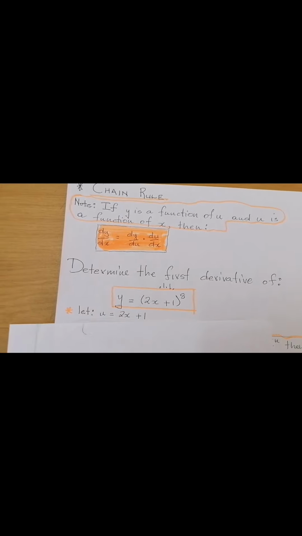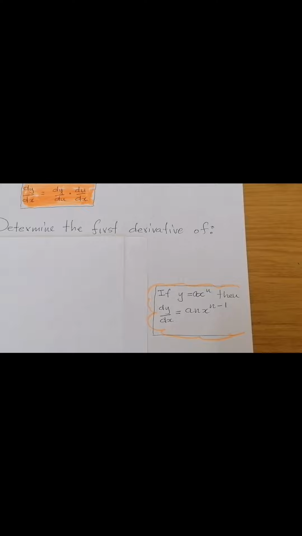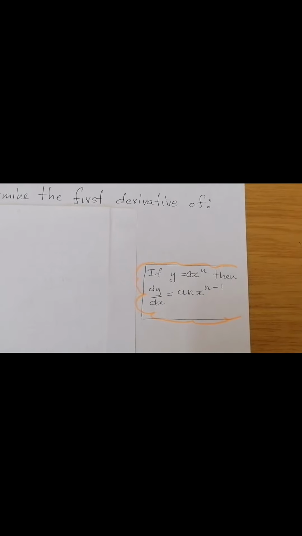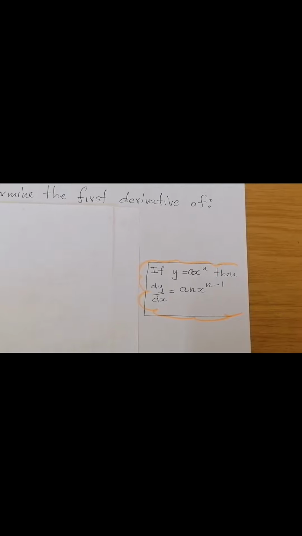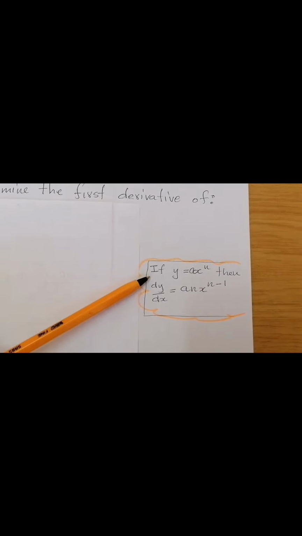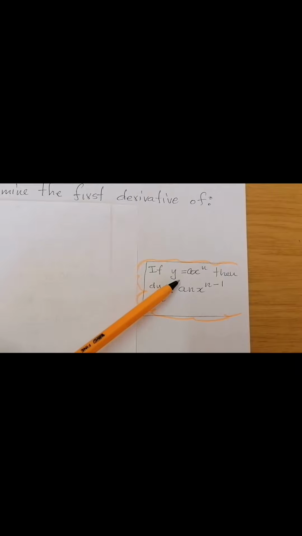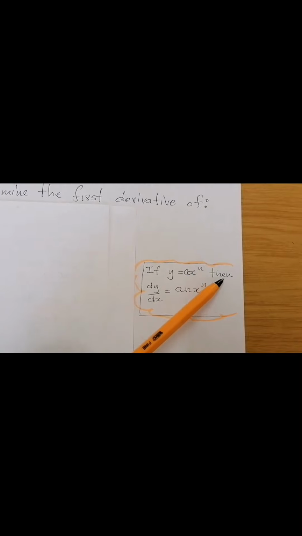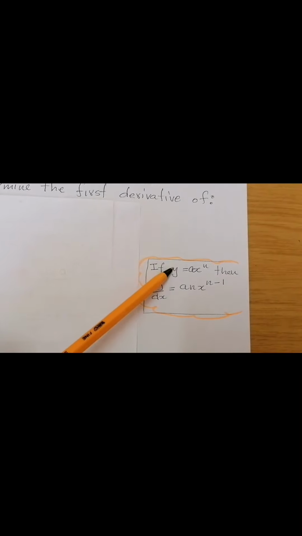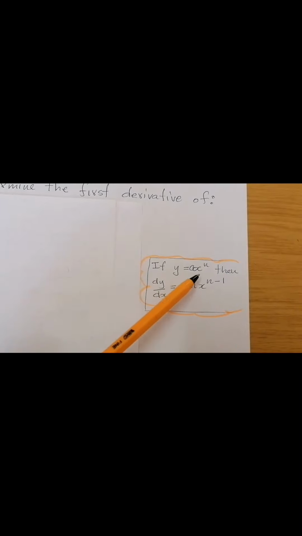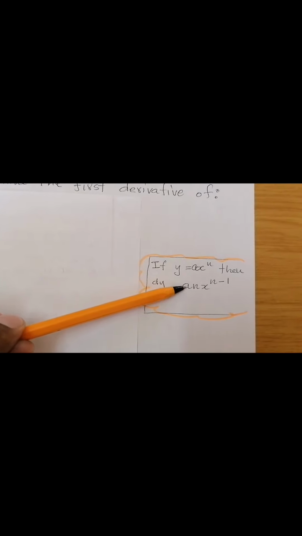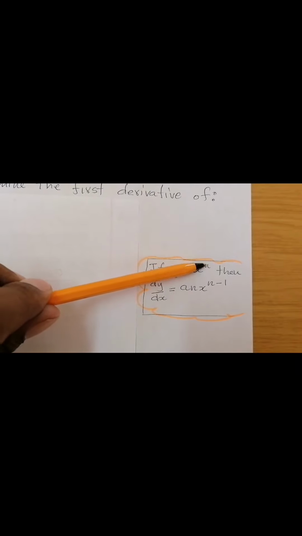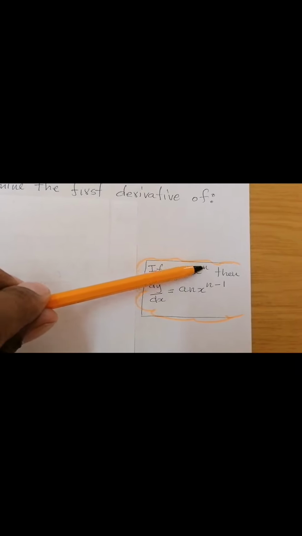Let's revisit differentiation first so that we are all clear with what is happening. Remember, in calculus, we say if a function y is equal to a times x to power n, then the derivative of the function y with respect to the variable x is a, that a that was there, multiplied by n, which was the exponent.